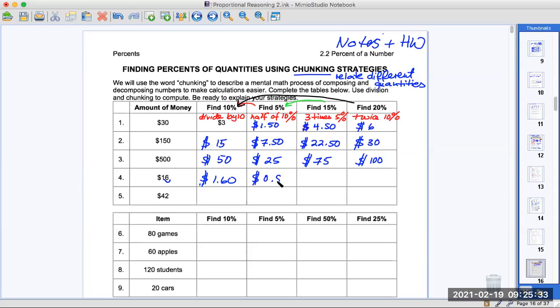This is how we write 80 cents. Okay. 15% is 240. It's 3 times that. I'm going to erase this because we're going to keep it all the same. And last, 20% is 320.